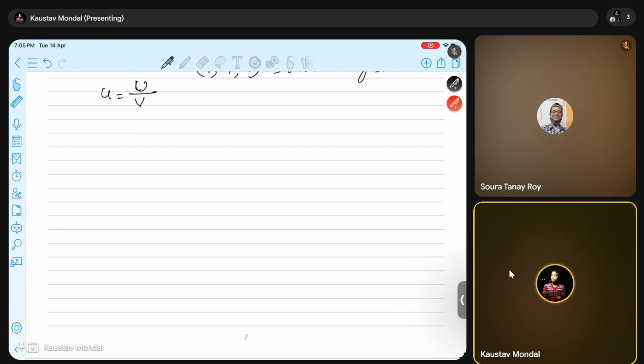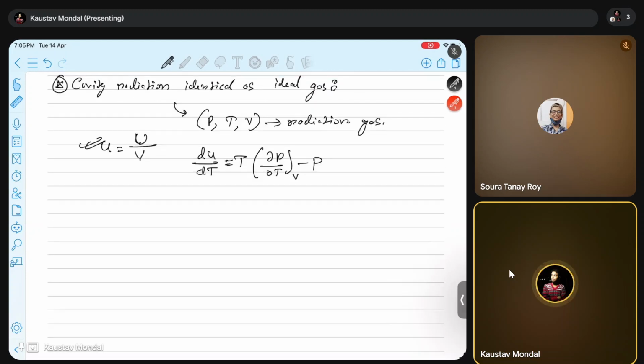To get the expression for small u, we will use the energy equation that you already know: del U del V at constant T is T into del P del T at constant V minus P. Now we know that for the case of diffusive radiation, the pressure is given by u by 3.